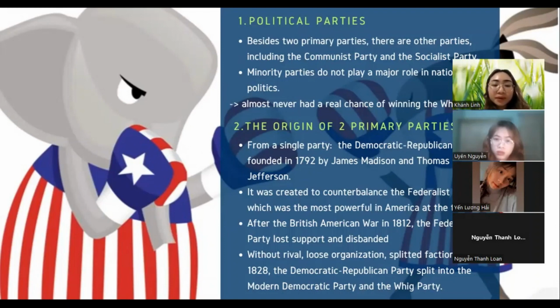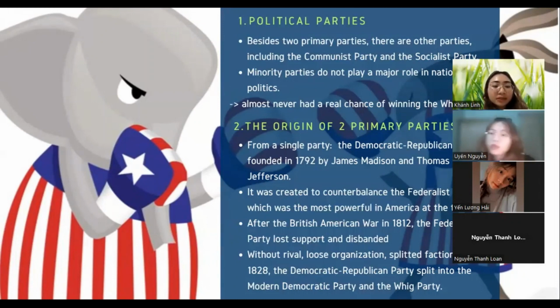After the British-American War in 1812, the Federalist Party lost support and disbanded. This left the Democratic Republican Party without a rival, leading to an increasingly loose organization, splitting into factions between 1815 and 1832.